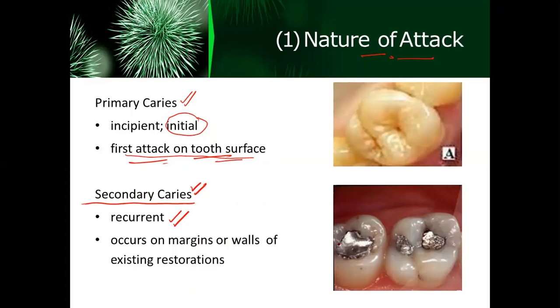Now you can see here, for example, there's a filling in this patient's teeth now, but you can see there's some sort of blackness that is appearing at the margins. Now that will be termed as secondary caries, because the primary one was dealt with, but now this is an emanation of another one, okay, following the management of the first one.